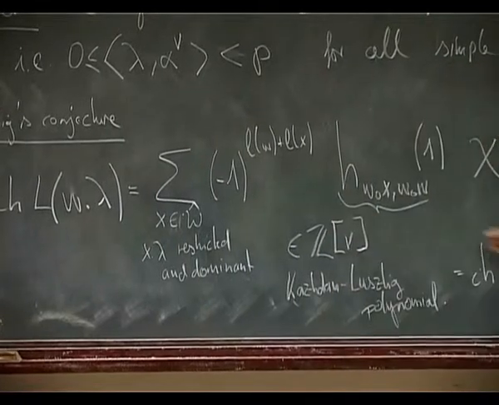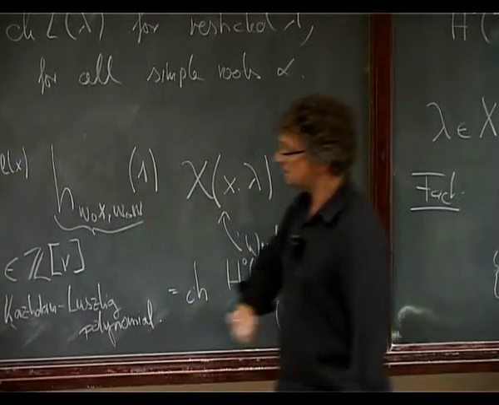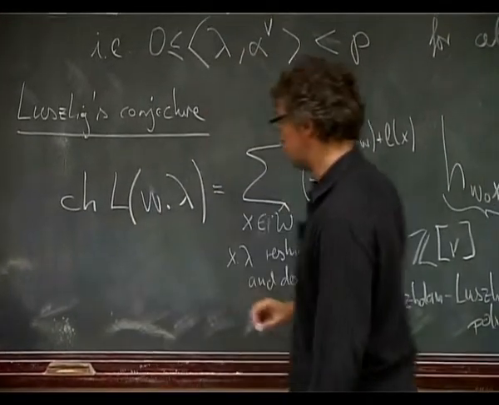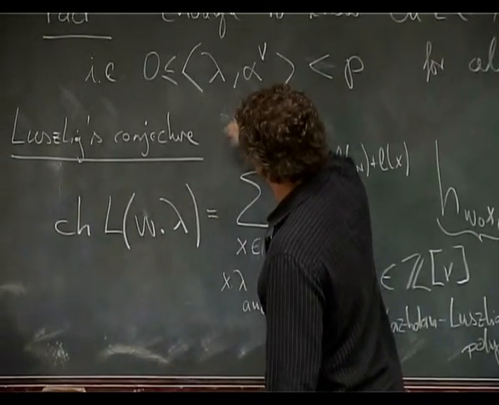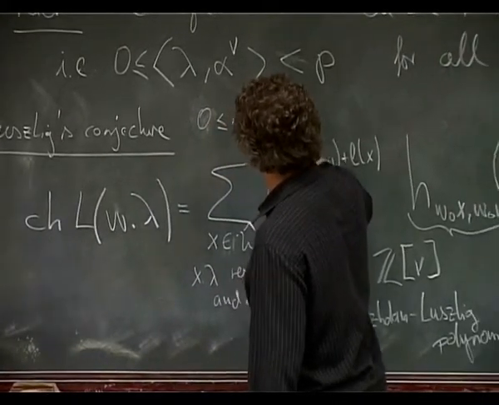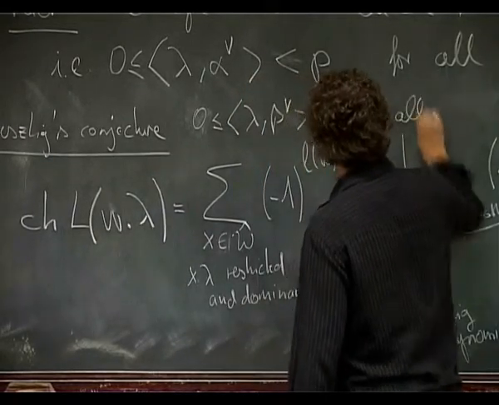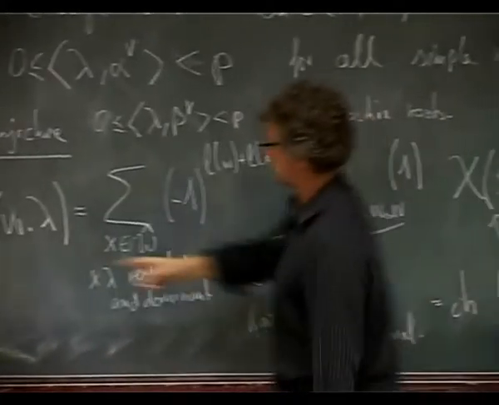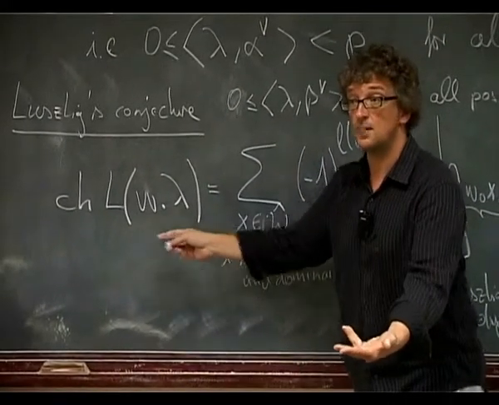So this is an explicit formula. Everything is known there. And so this should give the character of this L(w dot lambda). So w is another element of the affine Weyl group, and lambda should be such that 0 is smaller or equal to lambda evaluated at beta check, smaller or equal to p for all positive roots. But then reflecting it with an affine Weyl group element gives all restricted elements.